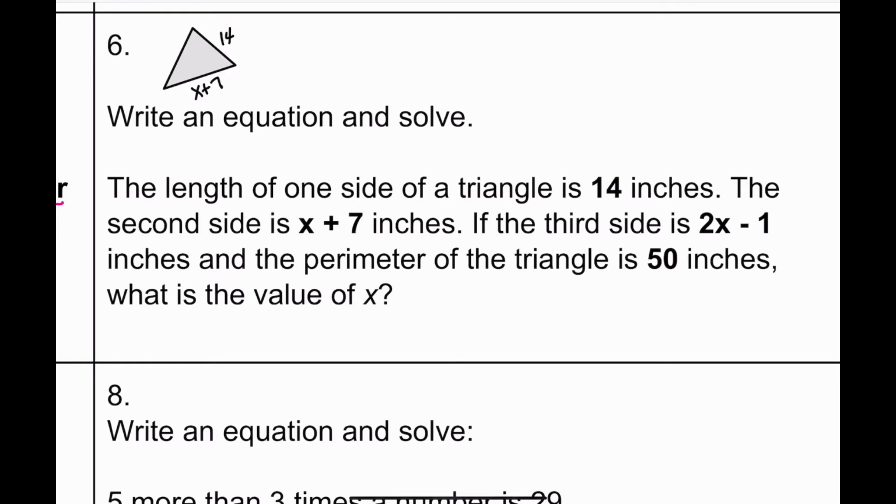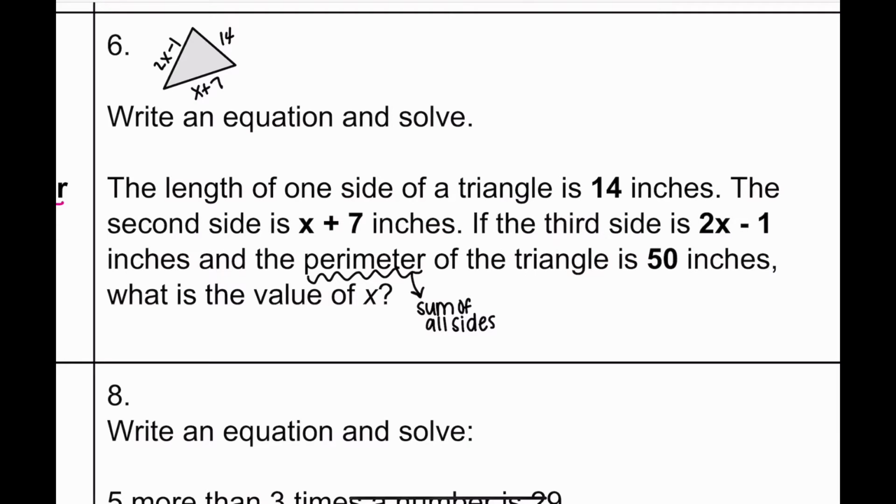The third side is 2x minus 1. And the perimeter, or the sum of all sides, is 50 inches. What is the value of x?